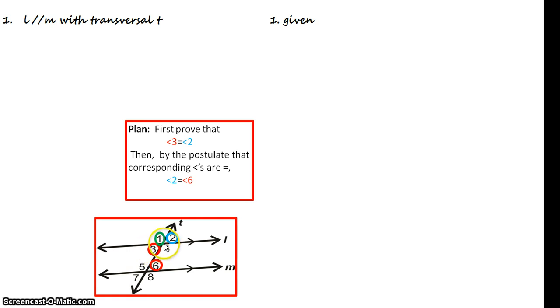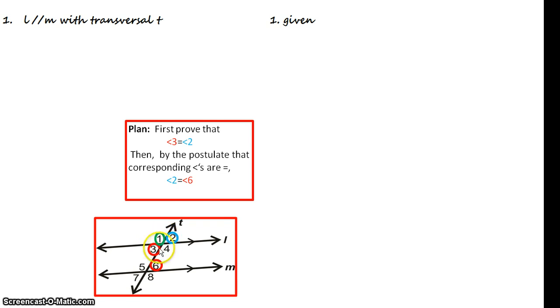Well, they both share angle 1. They're both adjacent to angle 1, and they both create a line with angle 1. You can see angle 2 and angle 1 make a line, and angle 3 and angle 1 make a line. So angle 1 is the angle they have in common. Let's use that to our advantage.